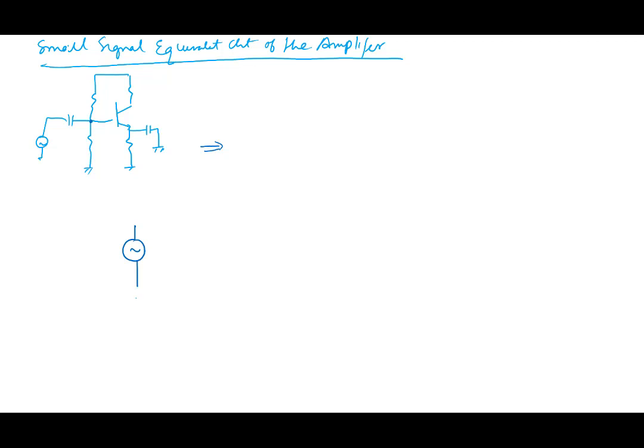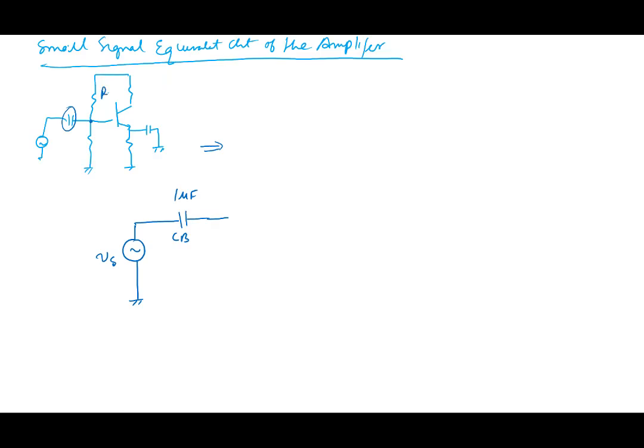Let's draw the supply. This is our VS. Let's draw this capacitor CB, which is given as 1 microfarad. Note that the two resistors R1 and R2, when you do small signal, this point will become ground, and the resistors will become parallel. This will become R1 parallel R2 at this point.